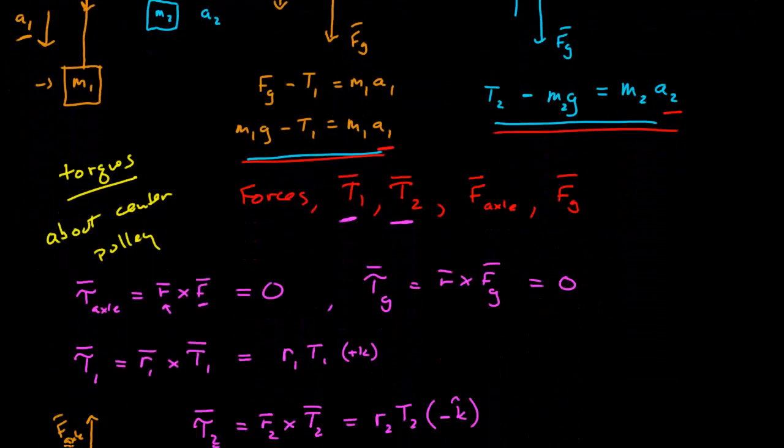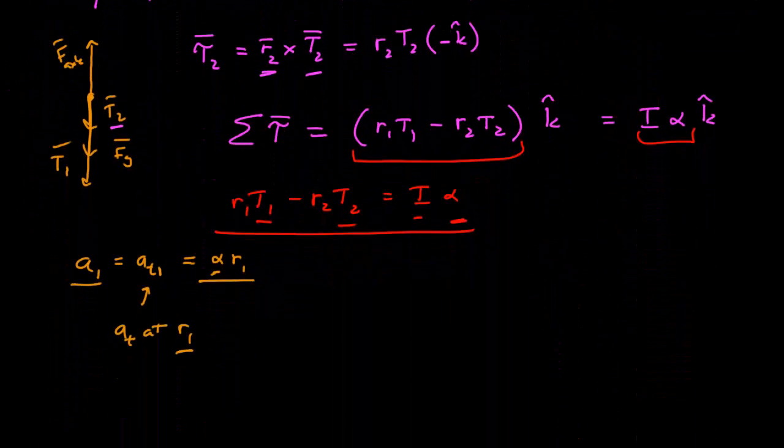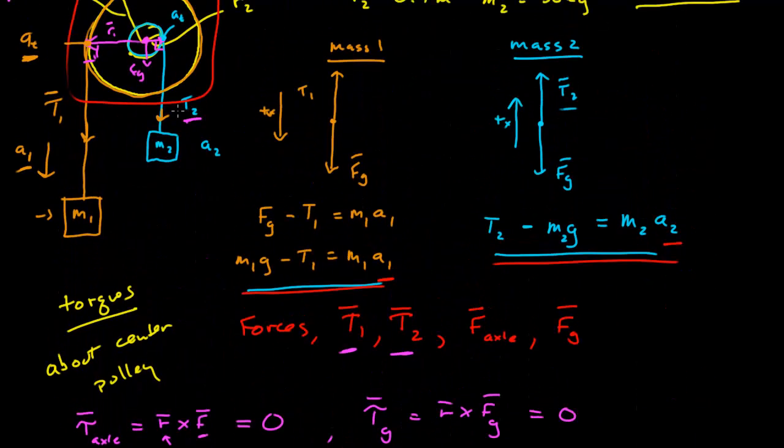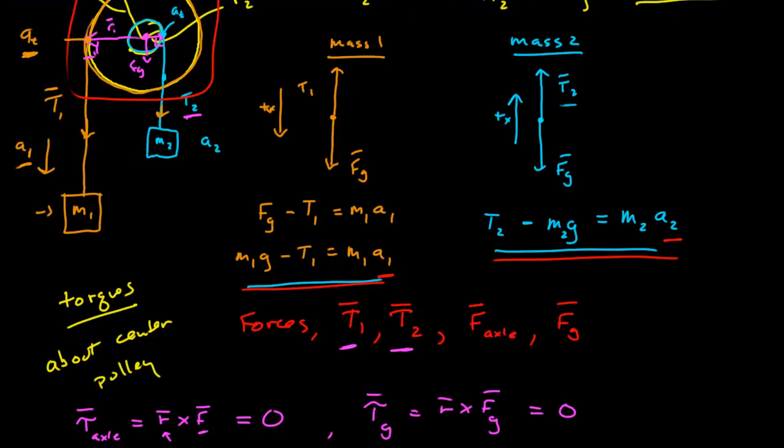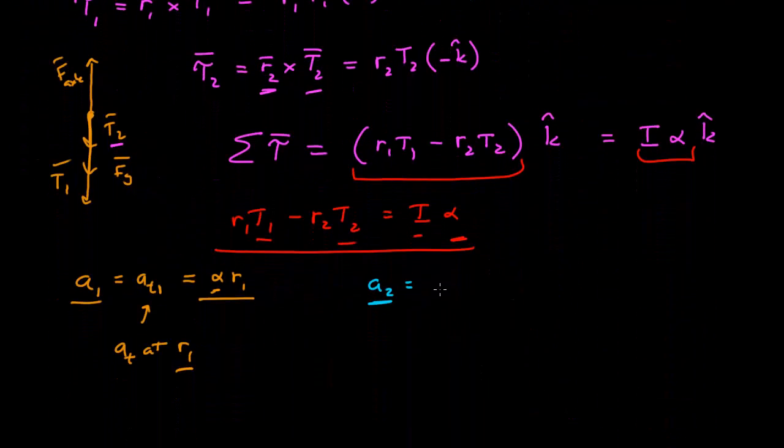So a2, the acceleration of mass 2, which is the same as the acceleration of a point on this rope, is equal to the acceleration of a point at the outer point of the cylinder at r2.